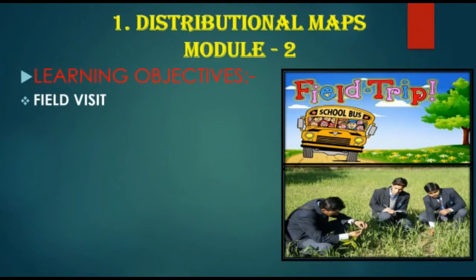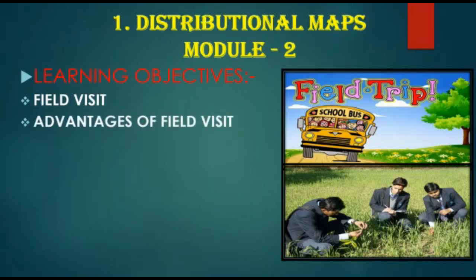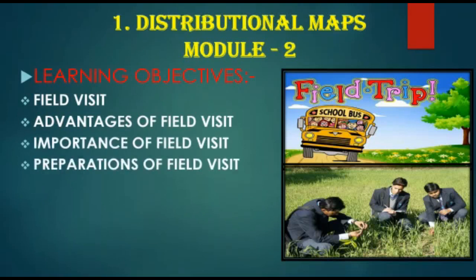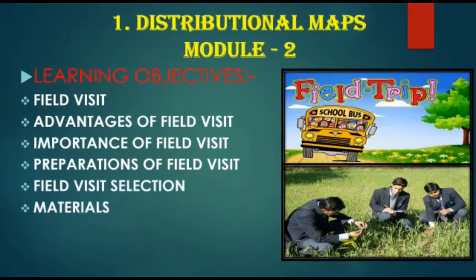In field visit, we will take information about the meaning of field visit, advantages of field visit, importance of field visit, what preparation must be made before going on a field visit, which precautions are to be taken while selecting the study area, what materials we need to carry during a field visit, which precautions are to be taken during the field visit, and stages included in report writing.